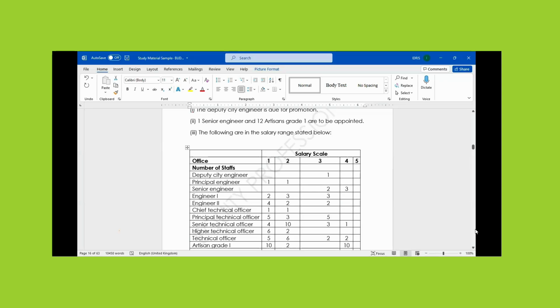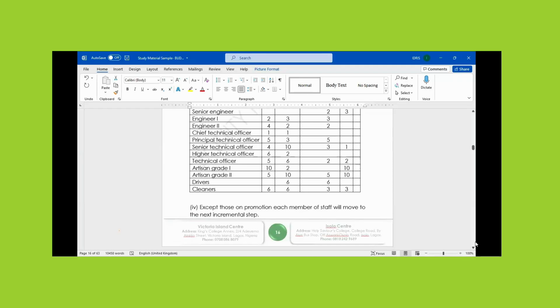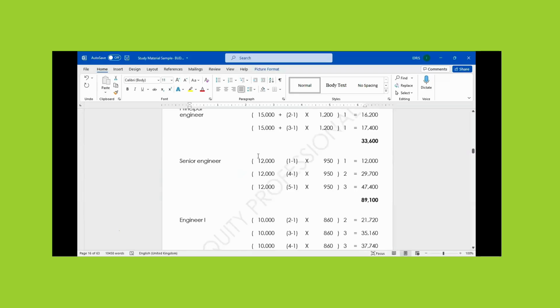So let's go and solve it. We start from the one that was just appointed, that was just employed. In our solution, we will start from the one that was just employed. The basic salary for senior engineer is what? 12,000. 1 minus 1 is 0, times 950 is 0.